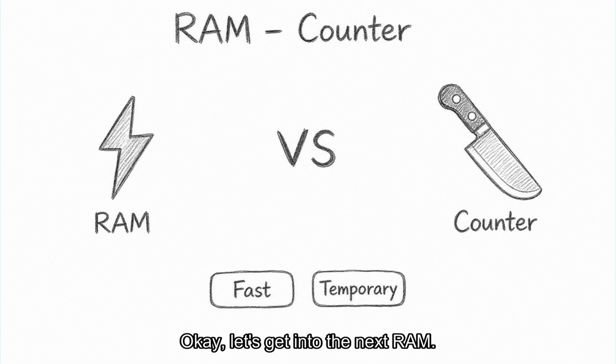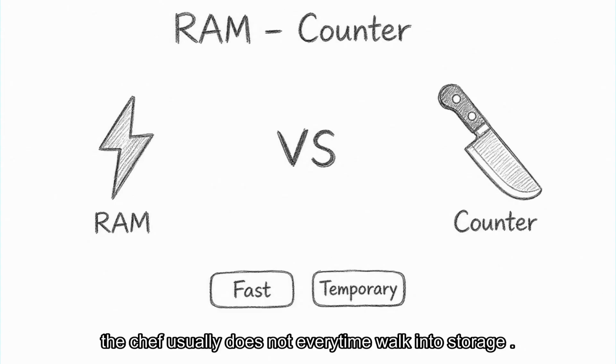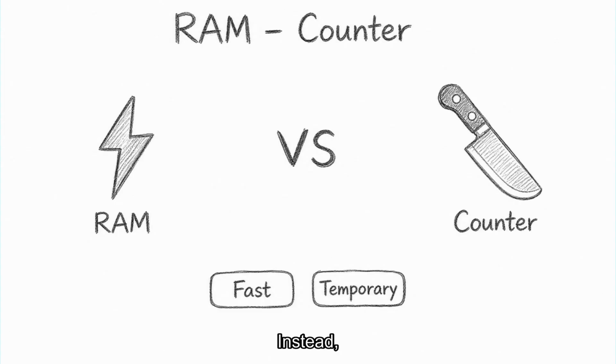Okay, let's get into the next one, RAM. A lot of people find this one confusing, but I think RAM becomes much easier if you think of it as a kitchen counter. Even if the kitchen has a lot of ingredients in storage, a chef usually doesn't walk into the storage every time. Instead, the chef brings them out and puts them on the counter.